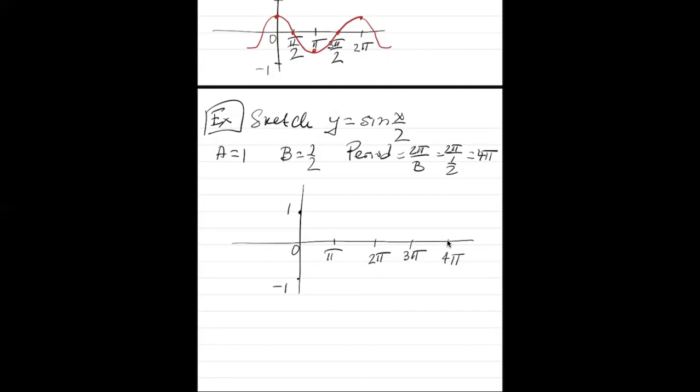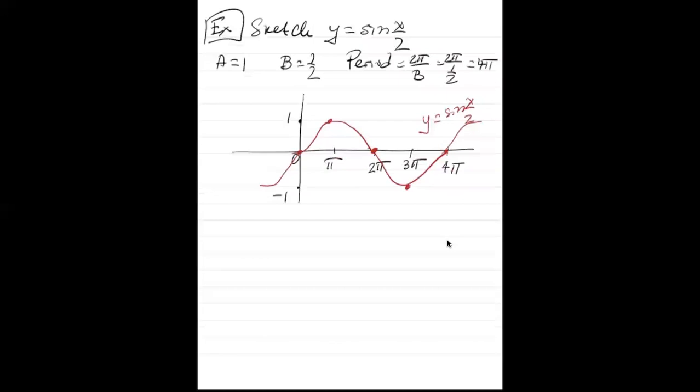So remember, the sine starts at the origin, goes up, and then down, back here, all the way down, and back here where it started. So we're connecting with a nice curve. It's stretched horizontally. And continue. So this is our graph, y equals sine of x over 2.